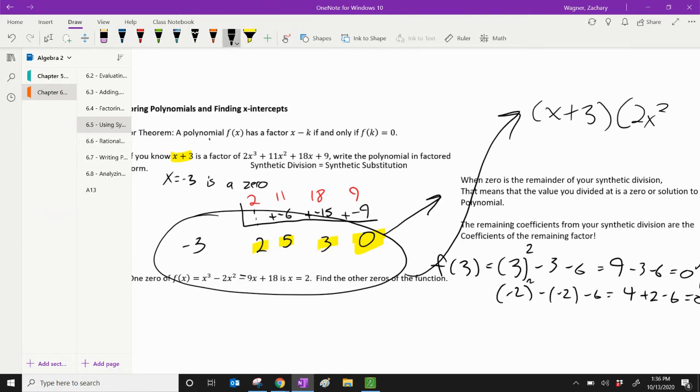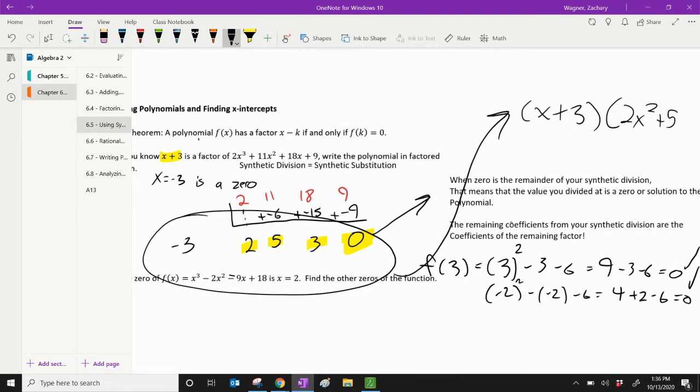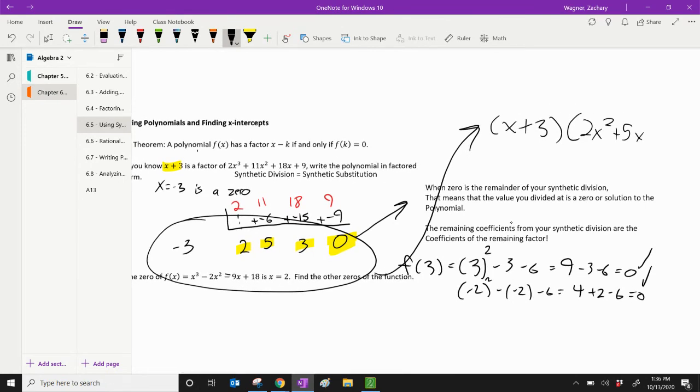2x squared plus 5x plus 3. How cool is that? There's my 2x squared, because that 2 basically becomes 2x squared plus 5x plus 3.